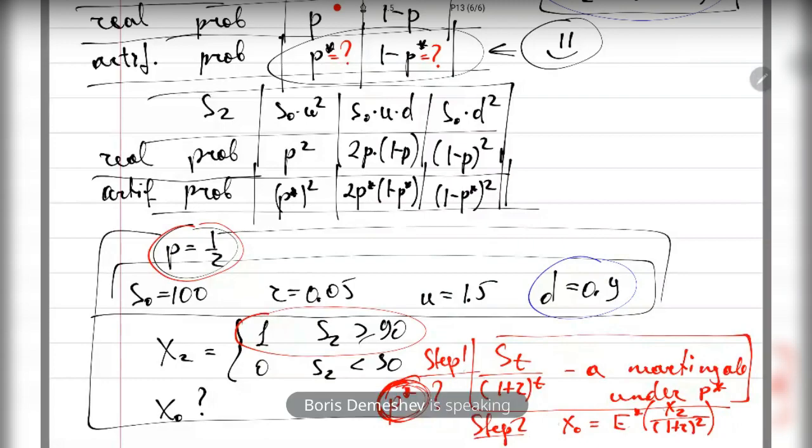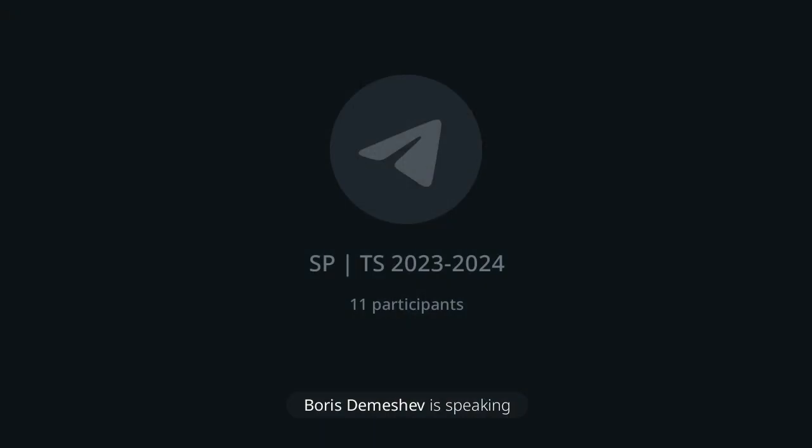So we just calculate the expected value under P star of future payments, discounted, because this special probability P star makes all price processes martingales.